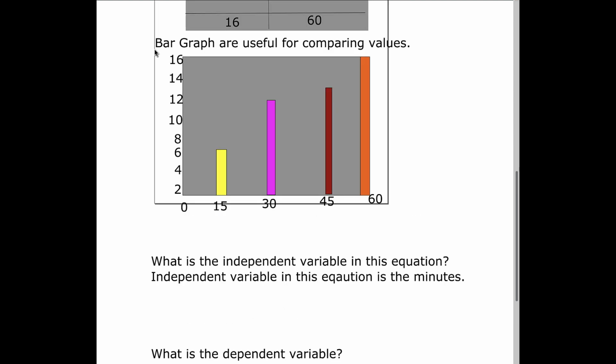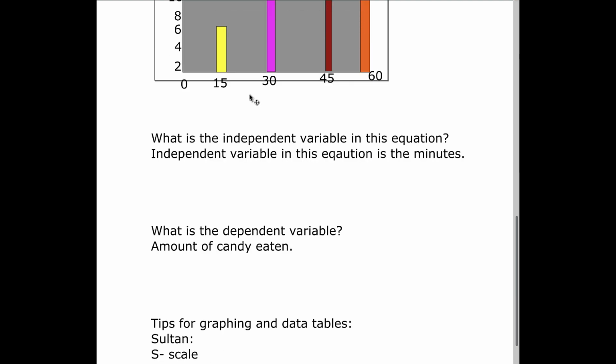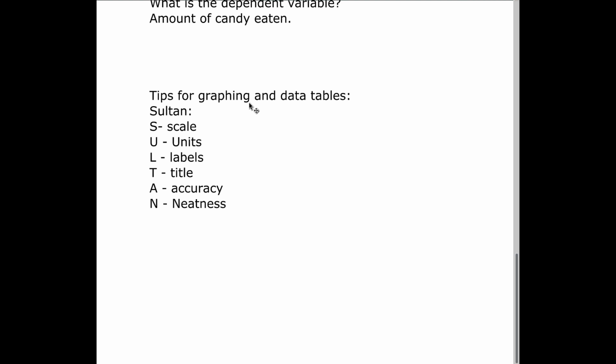Then our label for this would be amount of candy pieces eaten in an hour. It's just straight and simple. You don't need it to be descriptive, like the amount of Jolly Ranchers eaten in an hour. It'd normally be candy in general, but it could be in some situations.